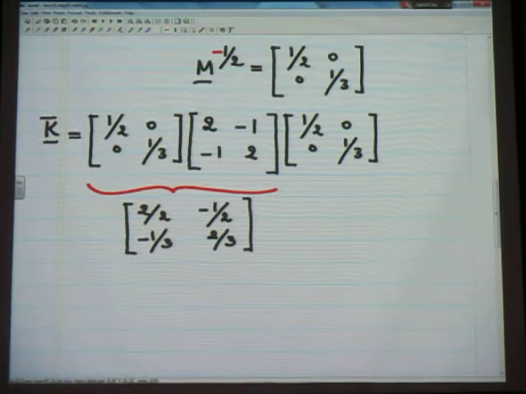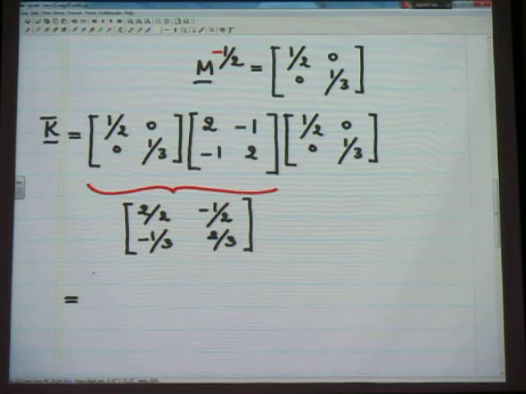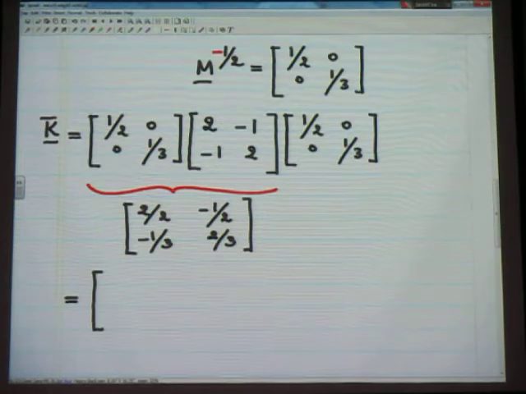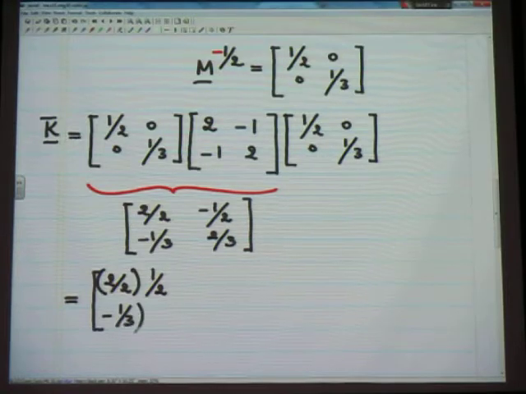What I'm trying to say is the following. When you post-multiply by a diagonal matrix, the first column becomes, let me write it in such a way that you can see, 2 divided by 2 multiplied by 1/2, and then minus 1/3 multiplied by 1/2. That's the first column.